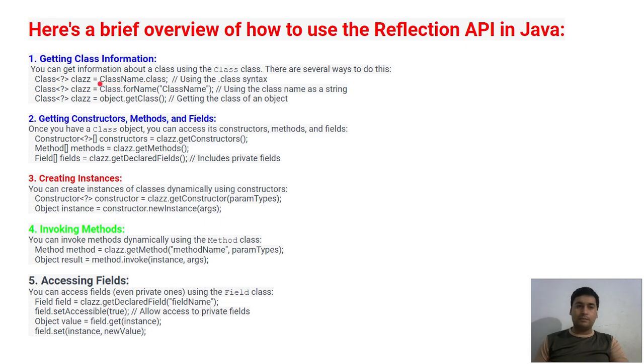Now we are going to use class dot forName, and through that we can load our class with the help of the class name, and then we can use it. So let's see this example. Then we can also use object dot getClass, getting the class from the object. So these are the three ways to get the class details with the help of the reflection API.